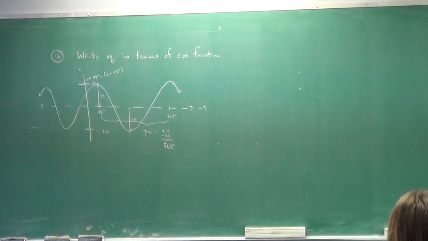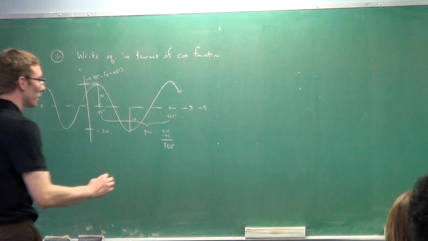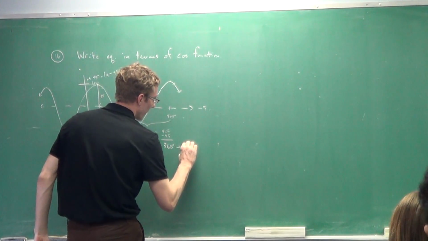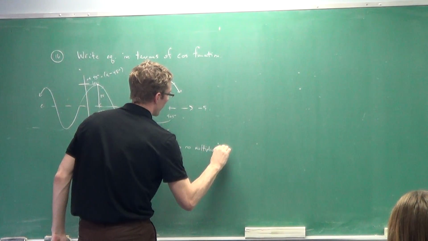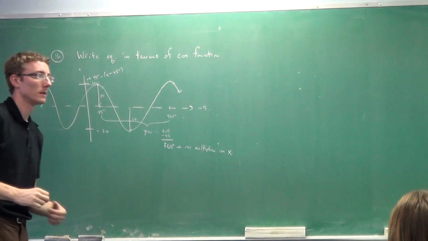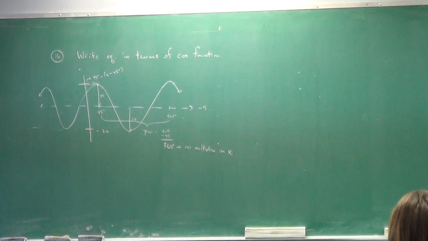So we have a period of 360. That's what we want, right? That's the normal period. So if the period is 360, that means no multiplier on our x term. Because when the period is off of 360 is when we have to introduce the multiplier.